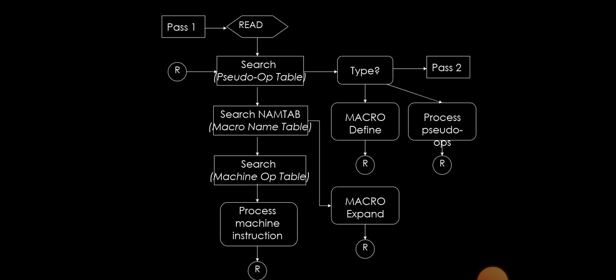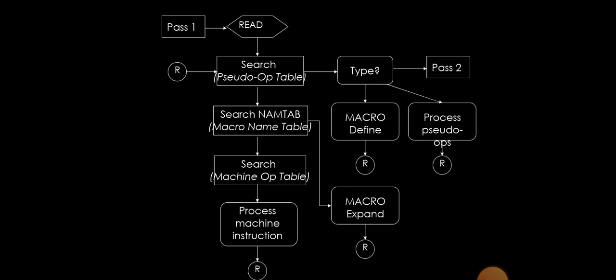The pseudo op table is checked at each step, and it passes to the options like macro def and process pseudo, and search tab means the macro name table, that is, a macro to expand the source code for the data in the program.